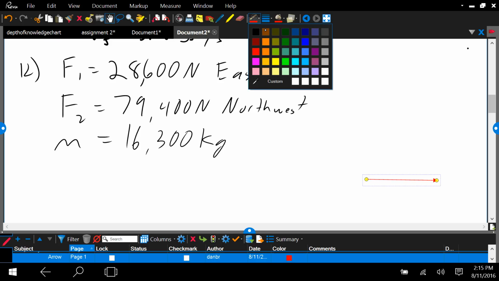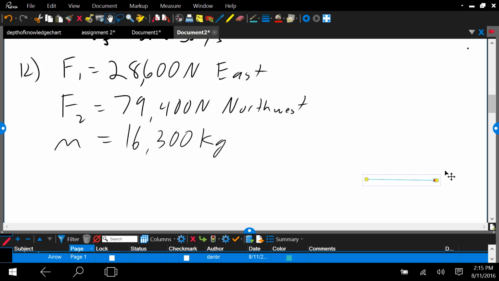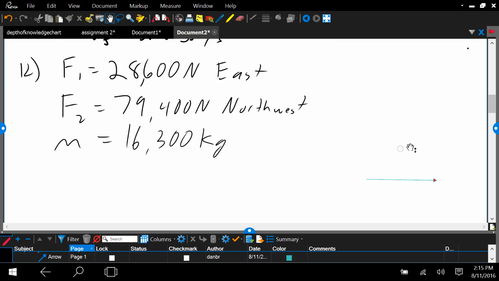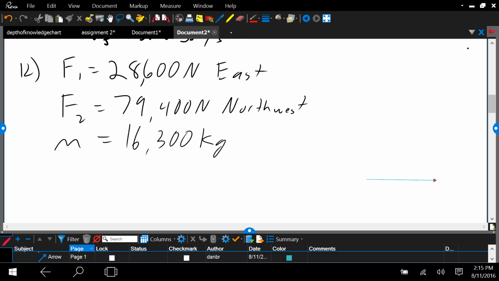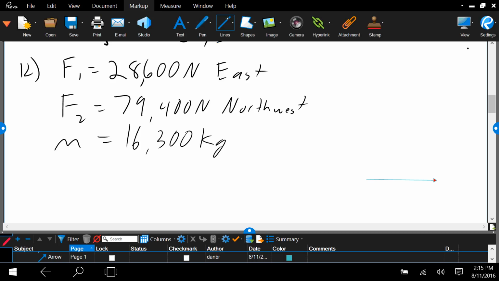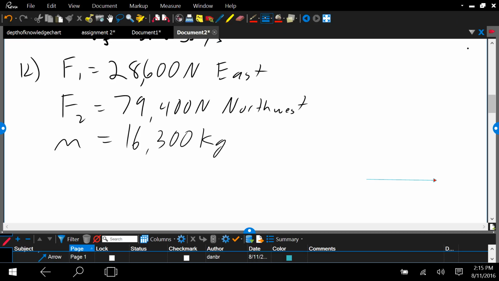And then I have a second line, let's make it an arrow, that is going to get a second push, and it's going to go this direction.